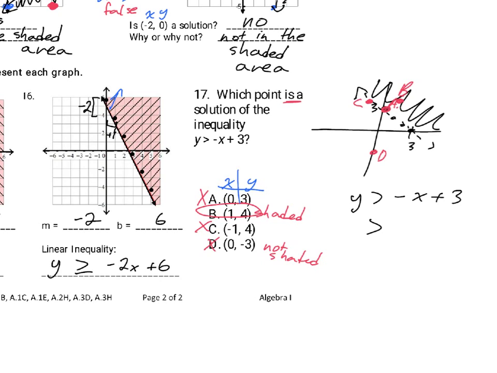If I replace the x and the y with x is 1, y is 4 respectively, I get 4 is greater than 2, which is true. So this is the only one that actually makes the inequality true. So those are kind of the two ways to look at this one. All right, so let's get working.